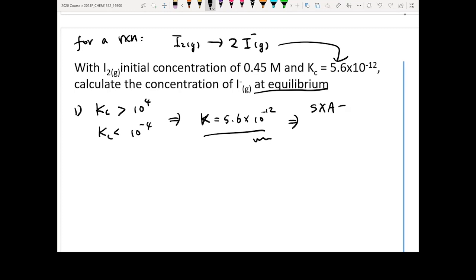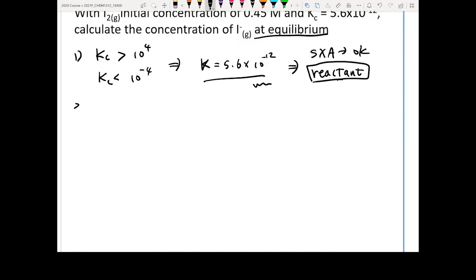Small x approximation, okay, we can use it. The Kc is actually very, very small for this specific reaction, right? The major species in this reaction should be your reactant. You should start by assuming it only exists as reactant.